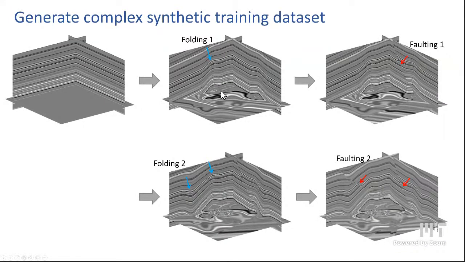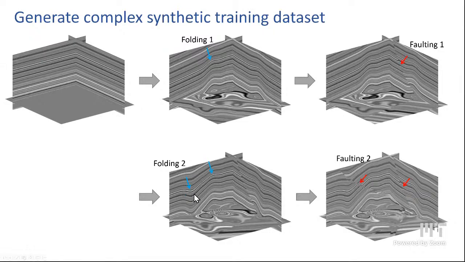Again, we started with the layer cake model, flat horizons, and then we run folding phase 1. And you see now we have certain anticlines, and then we can add faulting into the synthetic data, creating fault planes, and then we can add a second folding sequence after the first folding sequence.